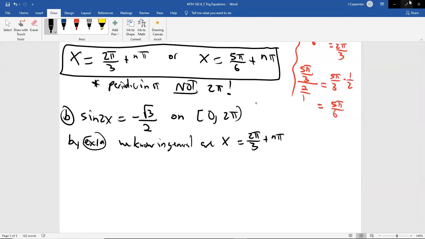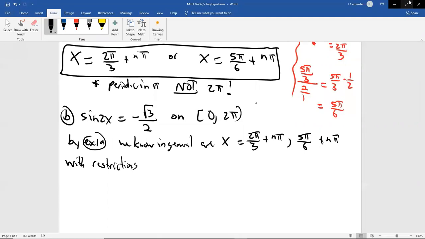So we know in general x equals 2 pi over 3 plus n pi and 5 pi over 6 plus n pi. So we're just going to take that, but with the restrictions. So 2 pi over 3 is an answer, then 5 pi over 6 is an answer. And then there'll be another answer if we add 180 degrees, and another if we add 180 degrees to this one.